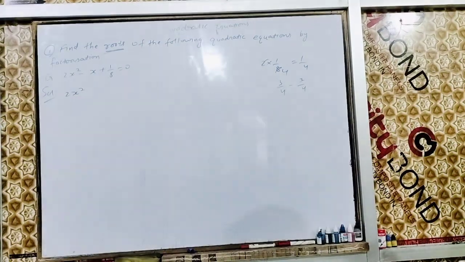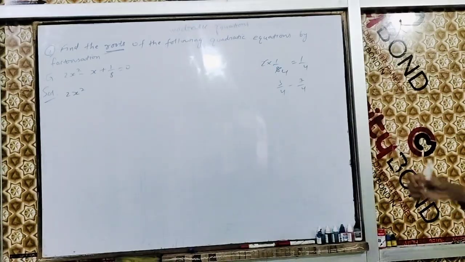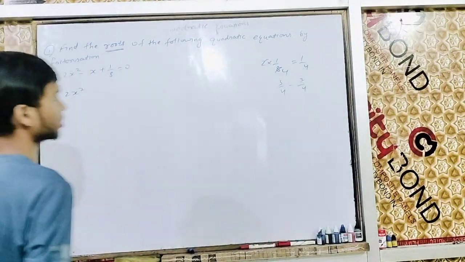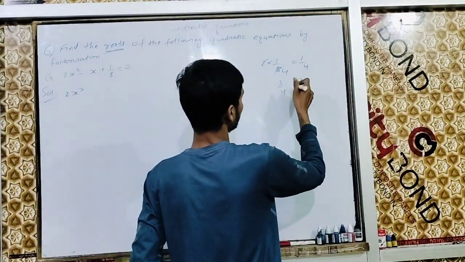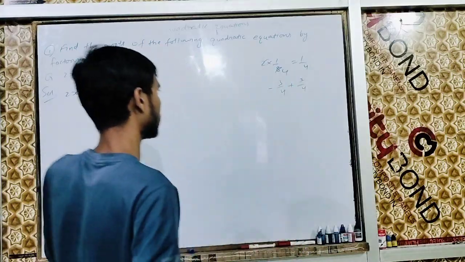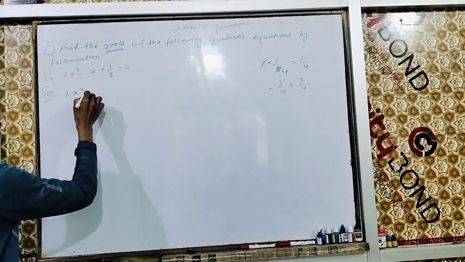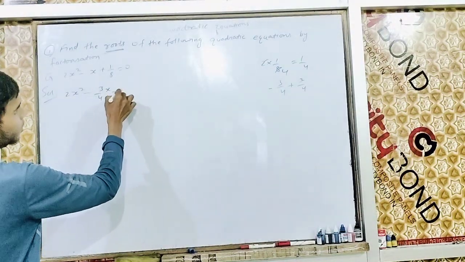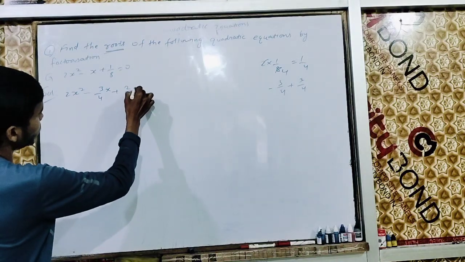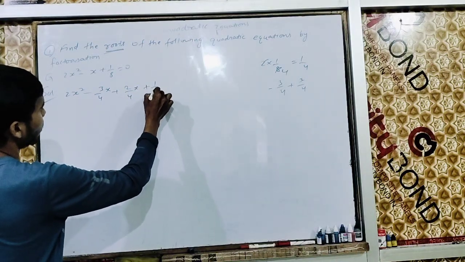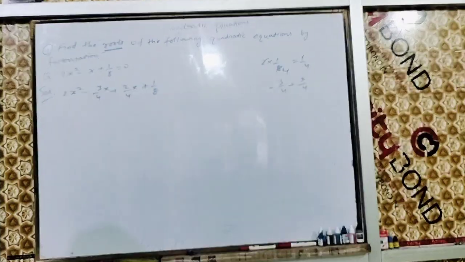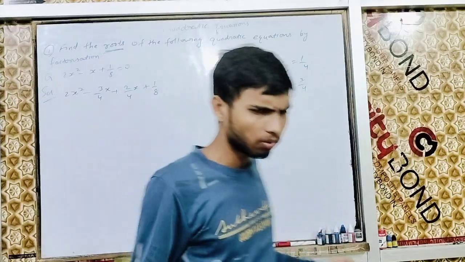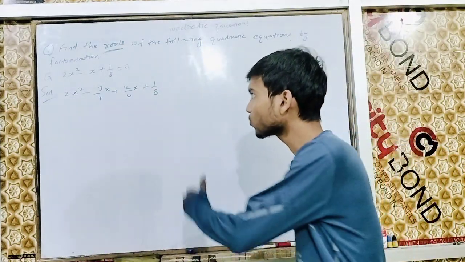Here you can see what will happen. It will give us 1 upon 4. But this should be plus and this should be minus. Now here it is coming 3 upon 4x, then plus 2 upon 4x. Then 1 upon 8. This is the first method. This is one way.